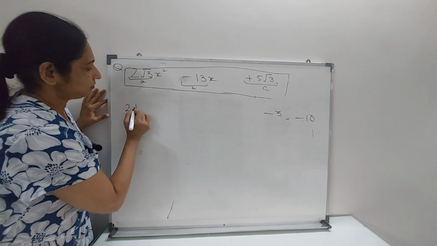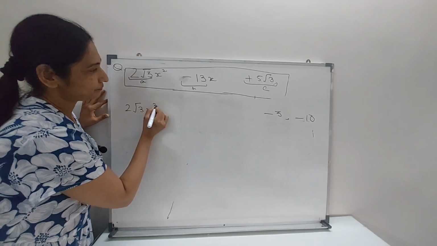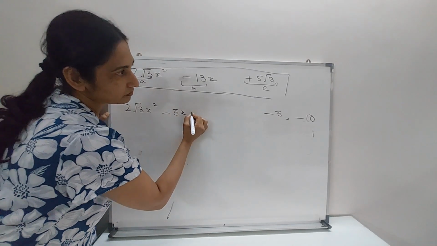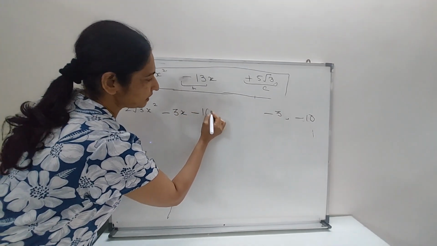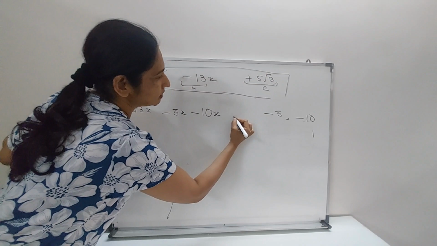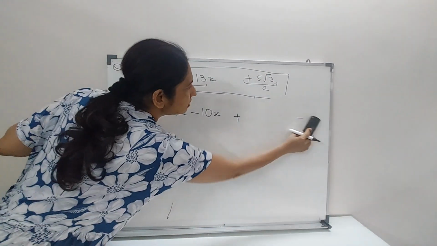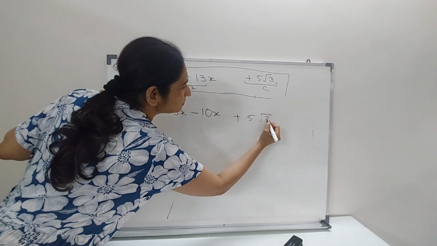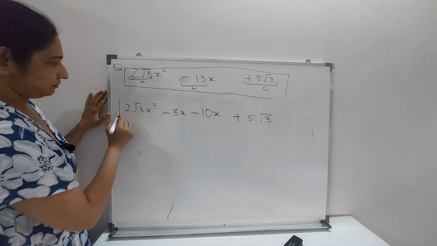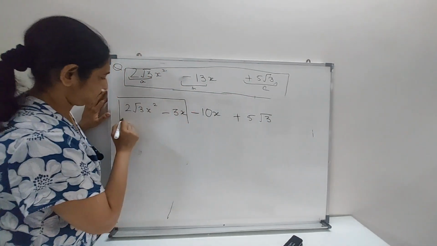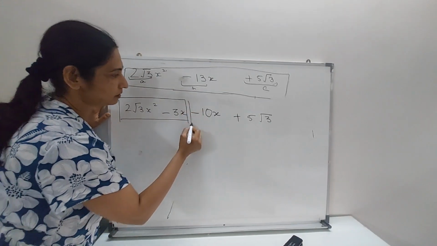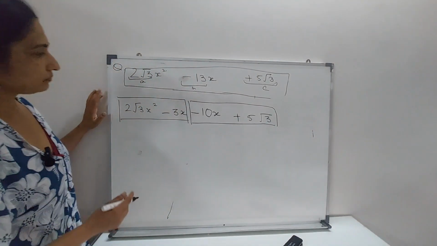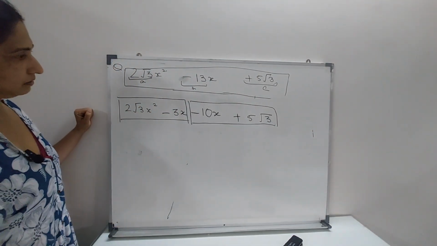You copy this down, you copy this factor, then you copy this factor, and then you copy the constant term. Good. Boxes, grouping. Now, common.